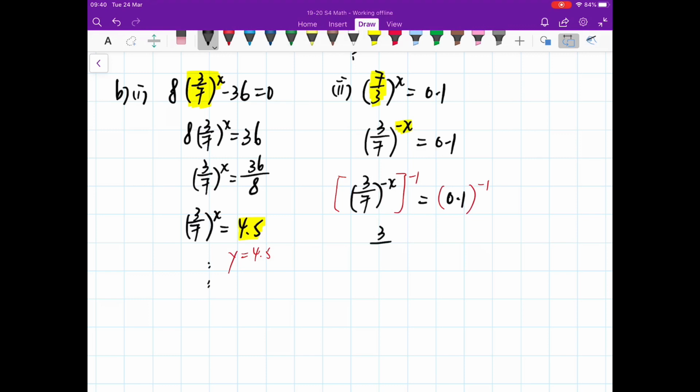So for the left hand side, it will finally become 3 over 7 to the power x. And for the right hand side, we simply calculate using the calculator, that is 10. Finally, we know that y is equals to 10, so that we can draw a line on the graph.